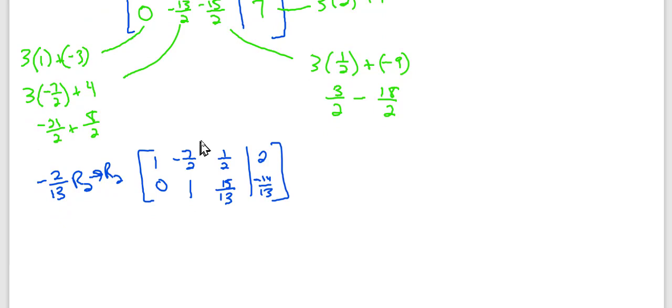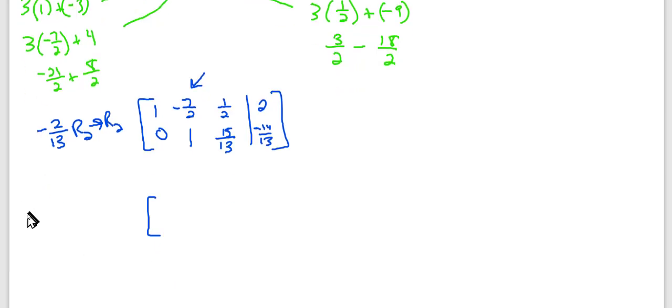Okay, now I want to get a 0 in that spot. I'm going to do 7/2 times row 2 plus row 1 and put it in row 1.